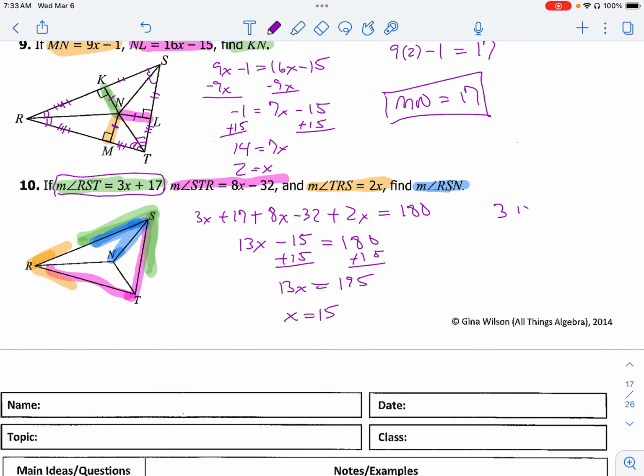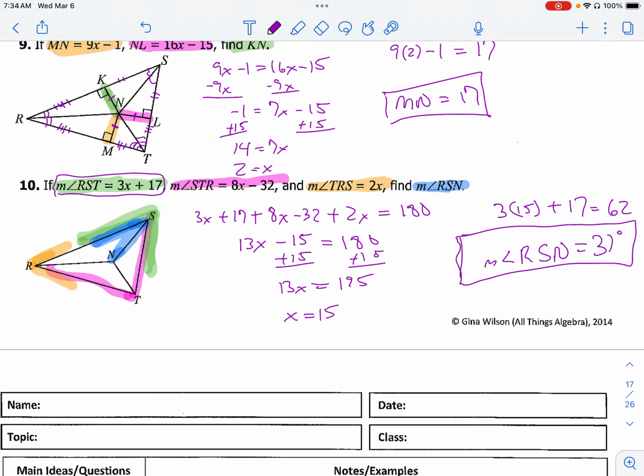So we go 3 times 15 plus 17, because we're going to plug it in. 3 times 15 is 45, plus 17 equals 62. Take half of 62, so the measure of angle RSN equals 31 degrees. And we are done.